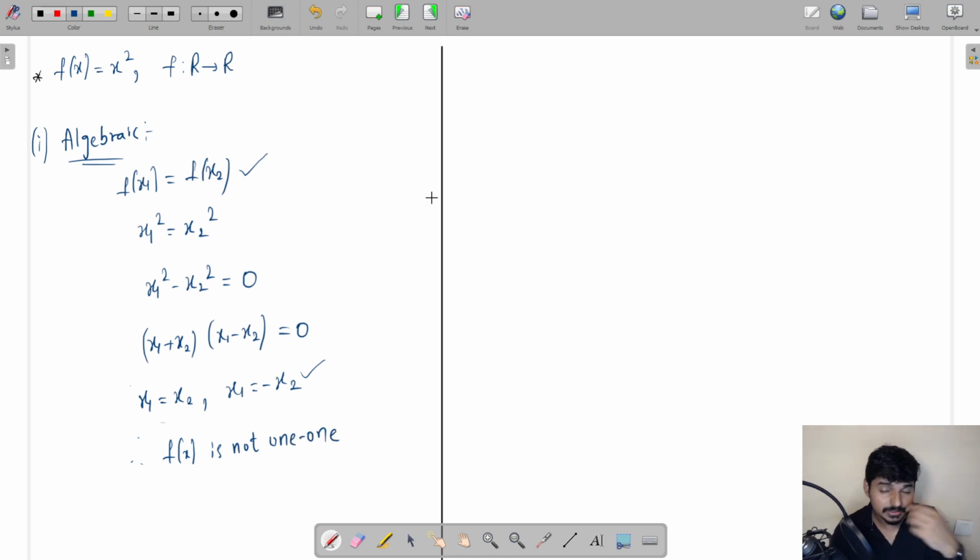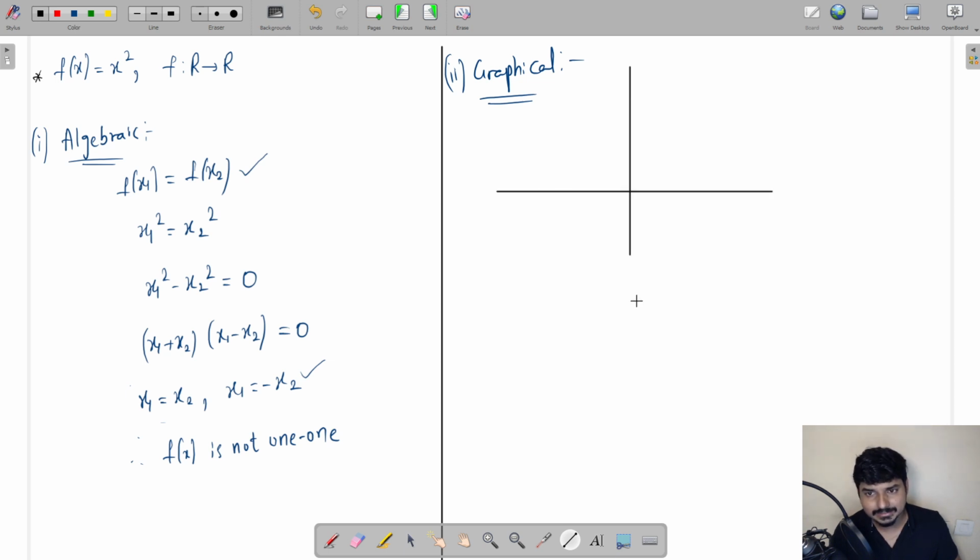Now, if you want to prove the same thing through the graphical method, the geometric method, you can do it. All you have to do is draw the graph of y is equal to x square, guys. First, let me take the y and x axes in this way, and you draw the graph of y is equal to x square. So y is equal to x square is a parabola. It is going to be in this way.